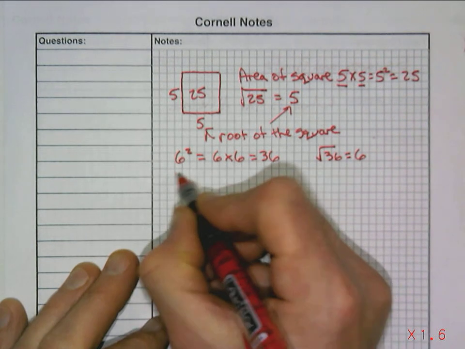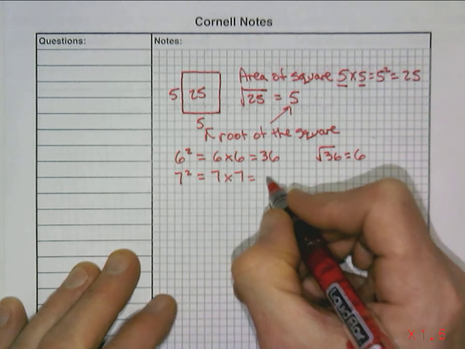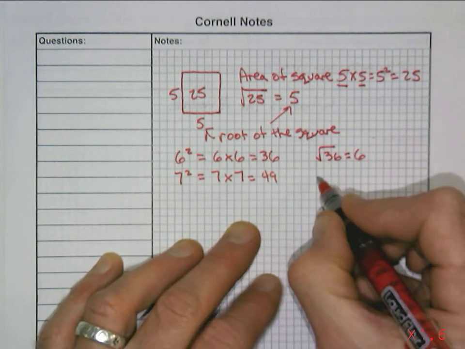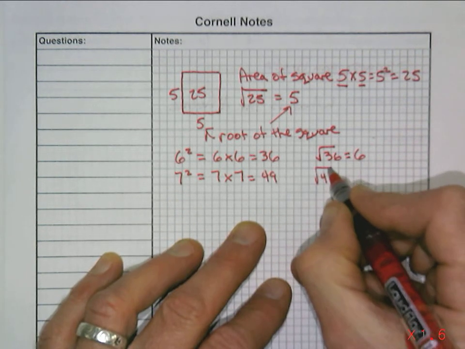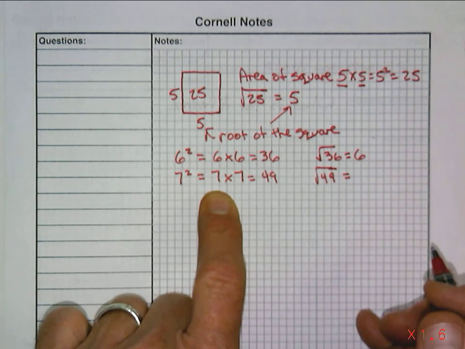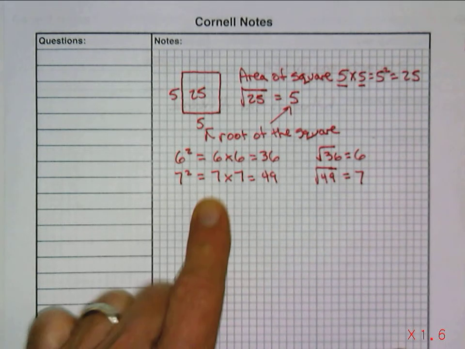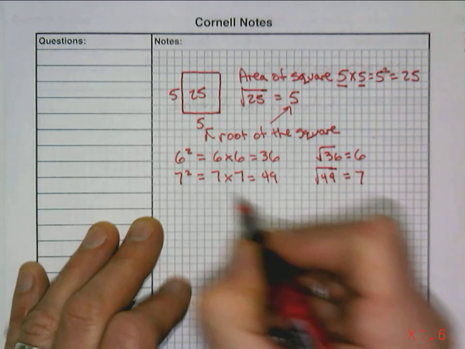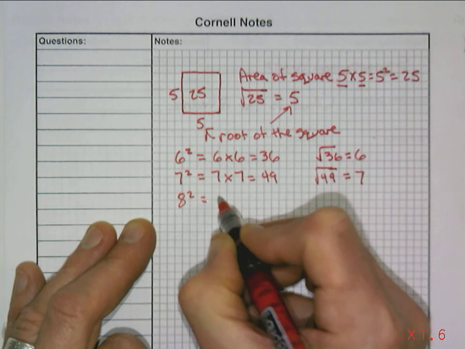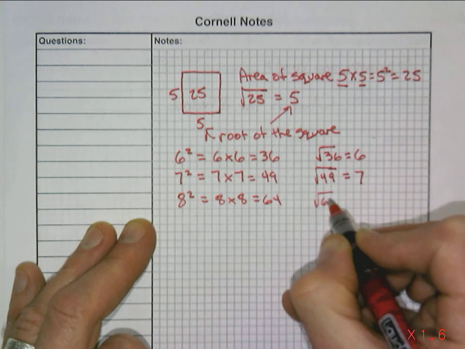And again, just almost making a list of basic squared numbers. 7 squared, the square root of 49. If I wanted to find the root of the square whose side lengths were 7, then I would know, again, the opposite of any of these. And 8 squared, 64, so the square root of 64 is 8.